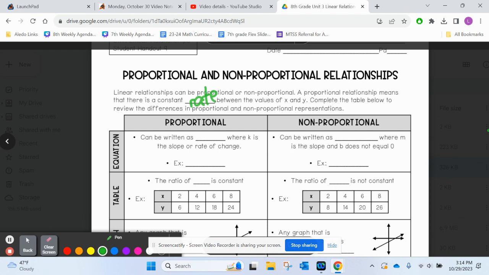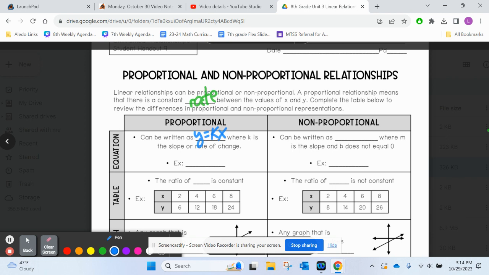Okay, so let's talk about proportional. So first of all, a proportional relationship written as an equation is going to be in the form y equals kx, where k is the slope or rate of change.